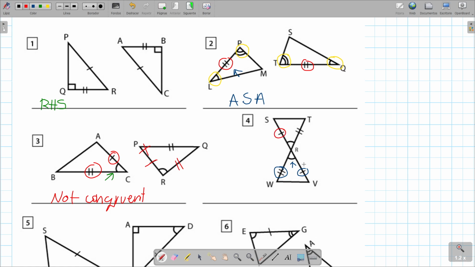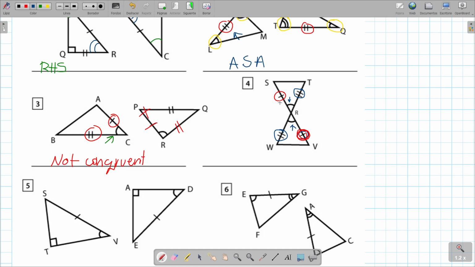We have this side, which is the same as this one, and this side, which is the same as this one, and in the middle we have the same angle. If you realize, angles are represented by how many lines. For example, this angle can be this one, and this other angle, which I put like two lines, can be this one.